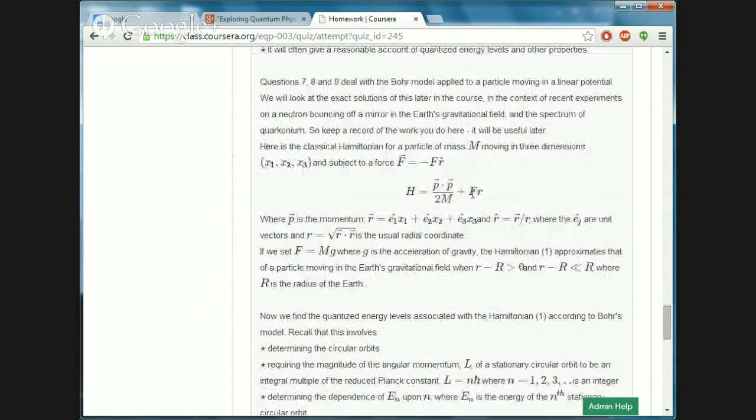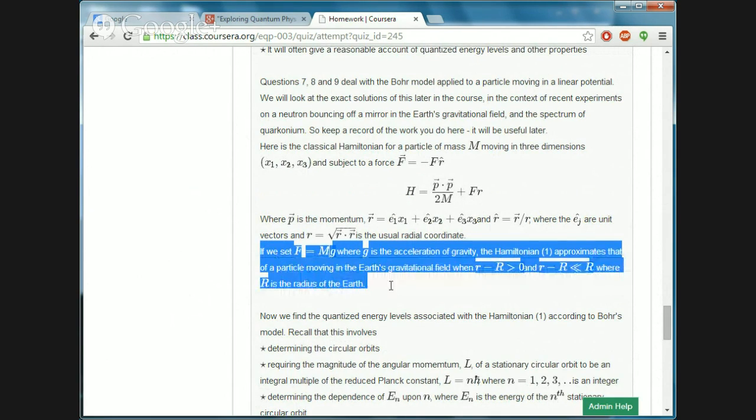So use this Hamiltonian. It's just p squared over 2m plus a potential, a uniform radial acceleration. I made the big mistake of saying that this is a model that's a good approximation to the motion of a particle near the surface of the Earth.